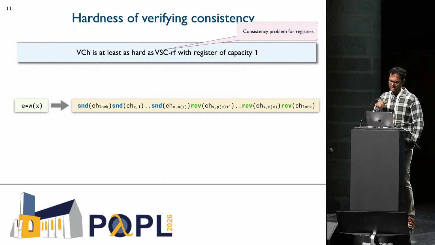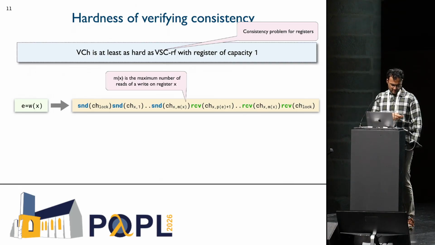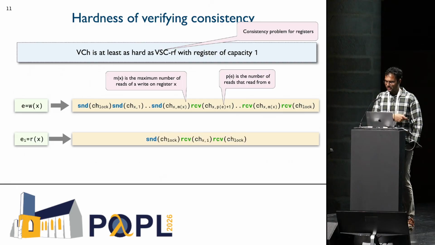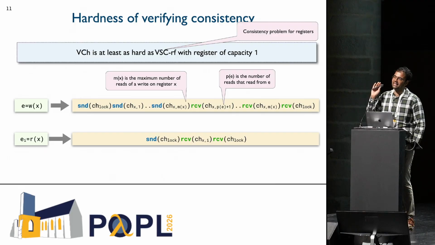You do many sends, and then some amount of receives, so that when I see later read events on this channel, I will be able to dequeue the channels and things work out. You don't need to worry about it. The bottom line is that this problem is harder than the case of registers.